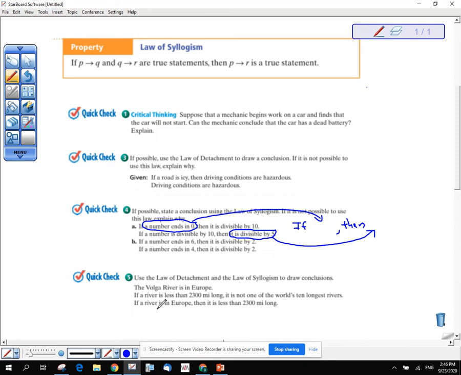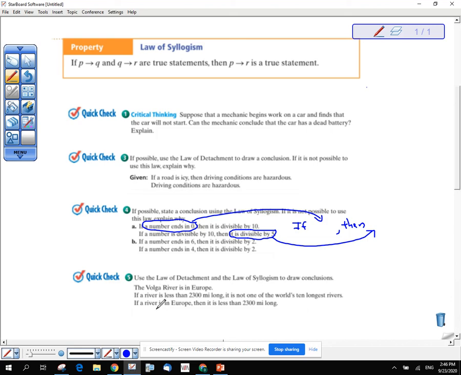If a river is in Europe, then it is less than 2,300 miles long. If a river is less than 2,300 miles long, it's not one of the world's 10 longest rivers. The Volga River is in Europe. Okay, so that would be arranged the way the last example was. And we could take the second and third sentence here and come up with a statement that says, if a river is in Europe, then it's not one of the world's 10 longest rivers.